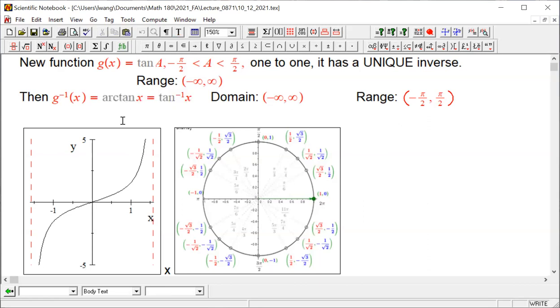So you guys need to do some work. Most of this work is not new to you. It's just that we limited it to this interval, right? I'm going to give you the point and you guys are going to do the calculation. If you like, you can dig out the notes from before and we're going to see what happens close to pi over 2 and negative pi over 2. Okay, are you guys ready? Yeah? Are you tired?